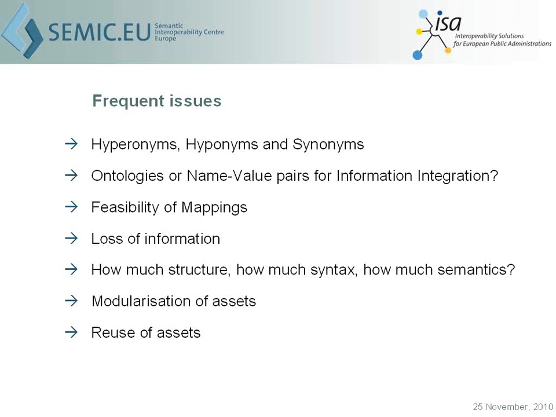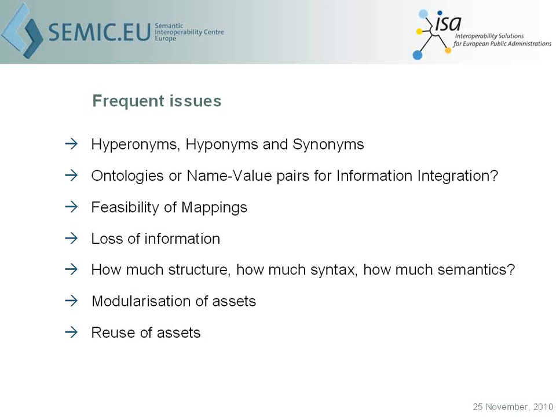Then there's a difference around Europe in what solution to take. Some projects like the idea of having one big ontology explaining everything, using a reasoner and making all these graphs, and there are other projects that say, I don't like ontologies, I've never seen one really working. At the end it's all in a database, so let's take name-value pairs.